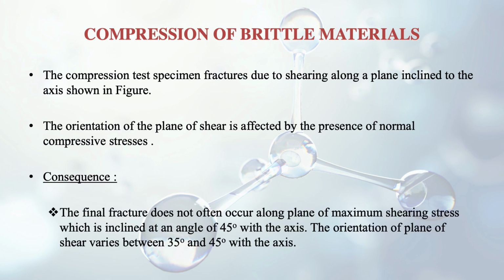We will see that the final fracture will not occur along the plane of maximum shearing stress, which is inclined at an angle of 45 degrees with the axis. Instead, it will occur at a plane which may be at an angle between 35 and 45 degrees with the axis, and this is happening only because of the normal compressive stress.